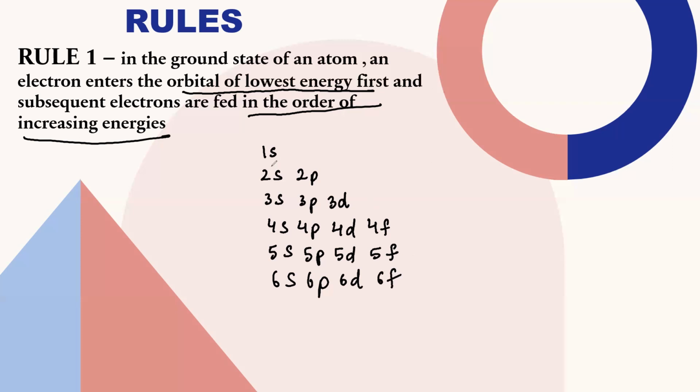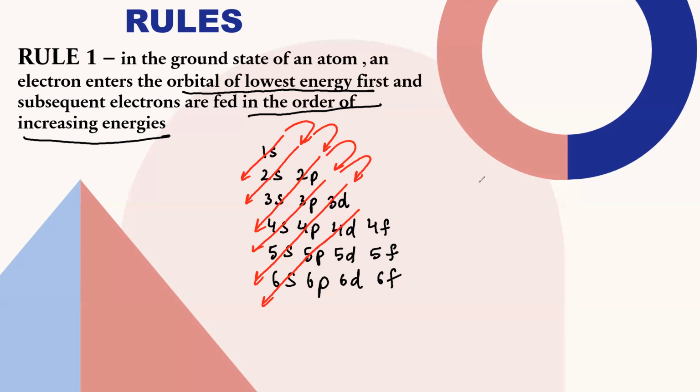Now make an arrow like this, and so on. So this is the lowest. Move like this now in this direction. So this is the sequence of energy.